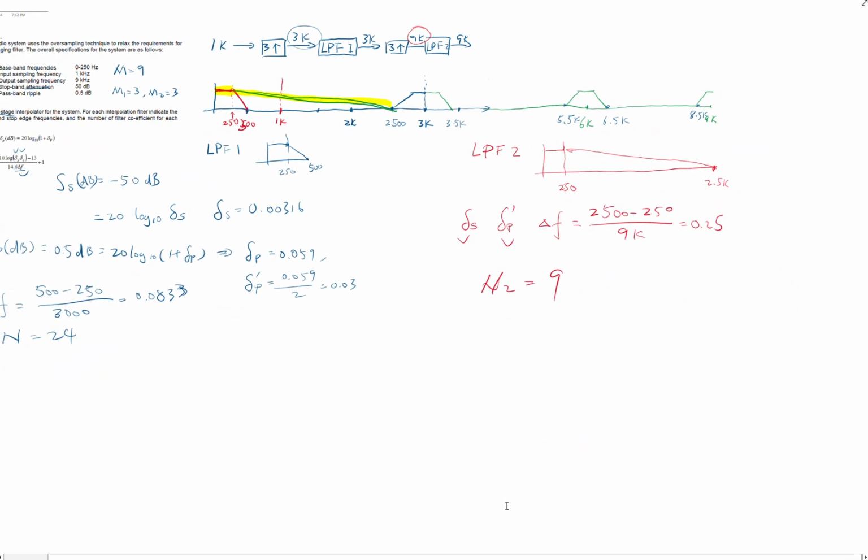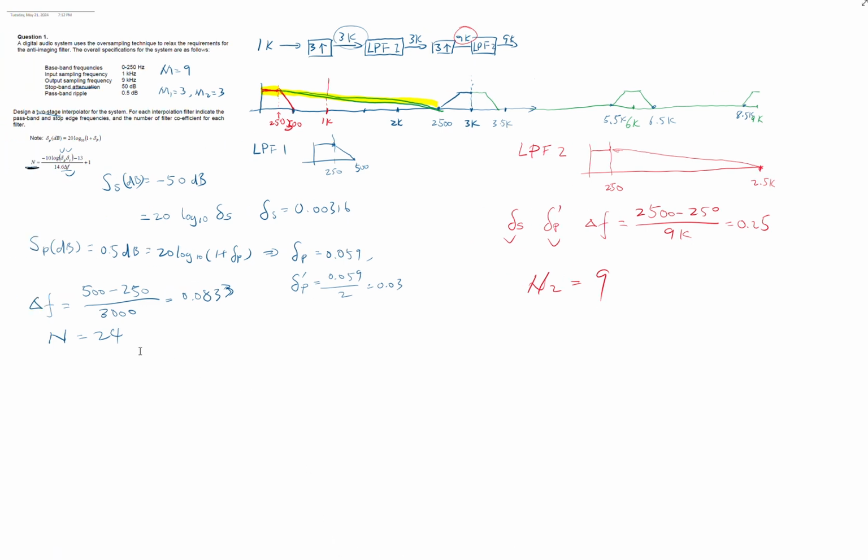Let me shrink it a little bit so you see everything. We used this equation to determine the order of the filter, and you can see that we can relax the stop band for the second one.